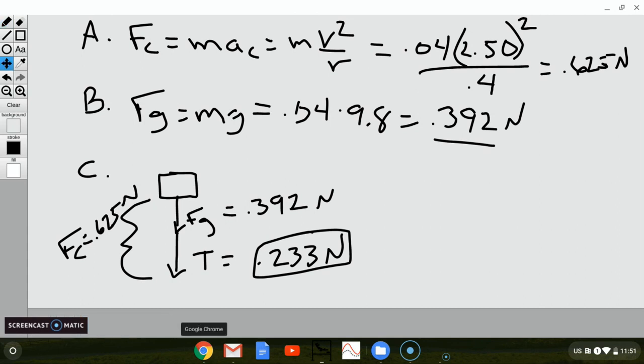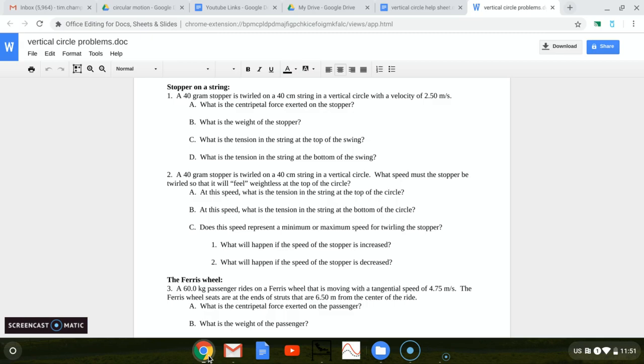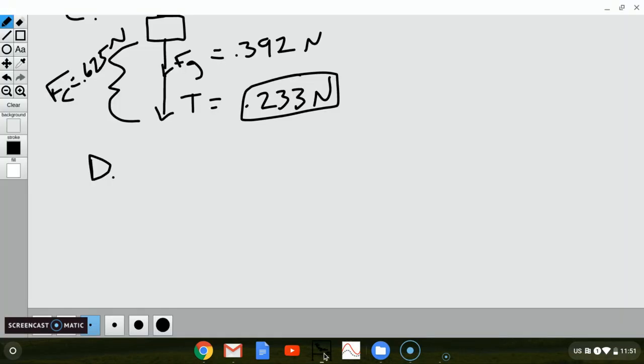Let's scroll on down some more, and let's talk about part D. All right, let's go look at the problem. I believe this is the bottom of the swing. Let's just double check. Yes, what is the tension in the string at the bottom of the swing? Okay, so here we go back to our problem.